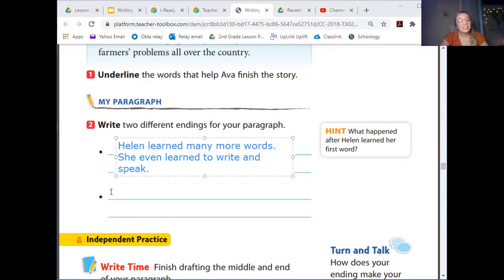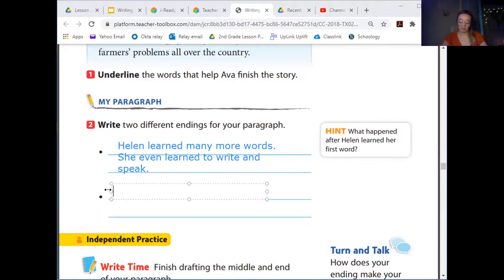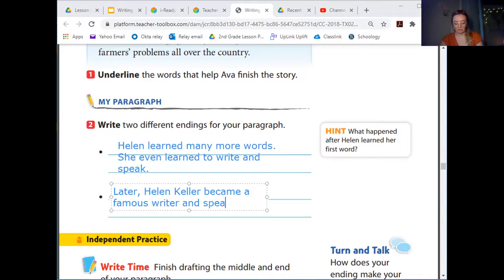If I don't love this ending, that's okay because it's just a draft and I can come up with another one. If I had to think of a second ending, I would say later, Helen Keller became a famous writer and speaker. She helped many others who were blind and deaf.